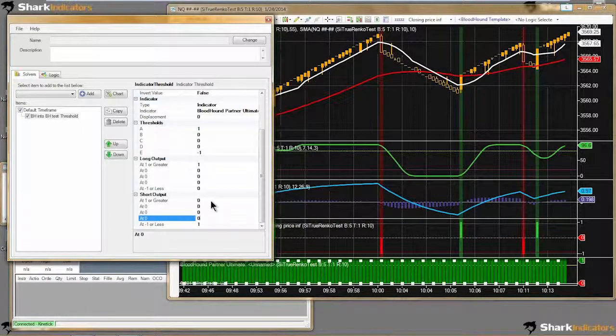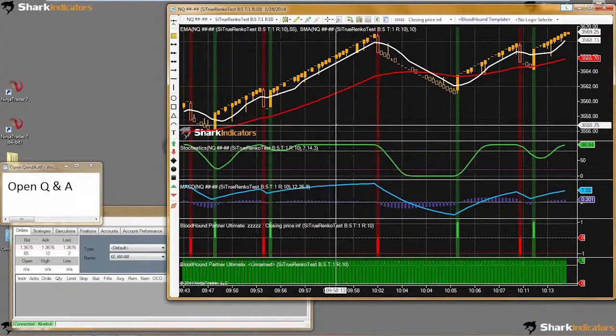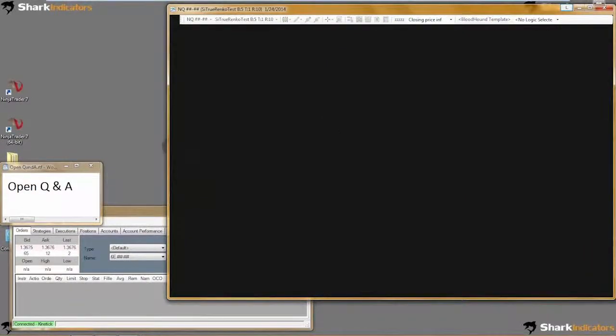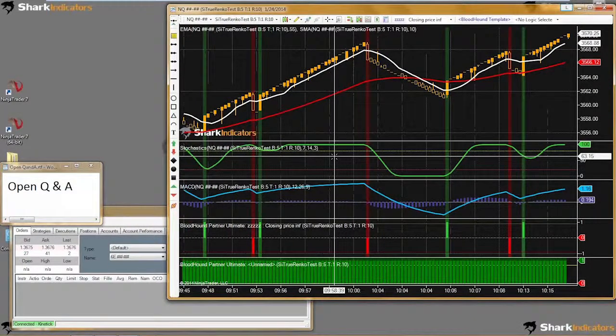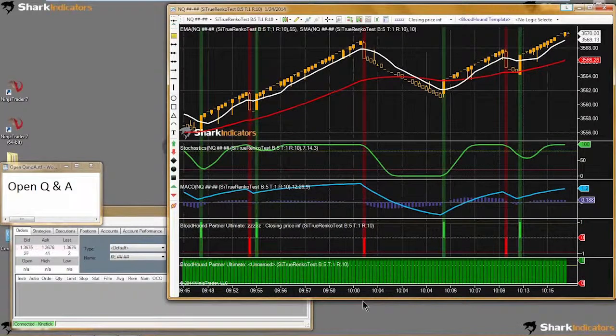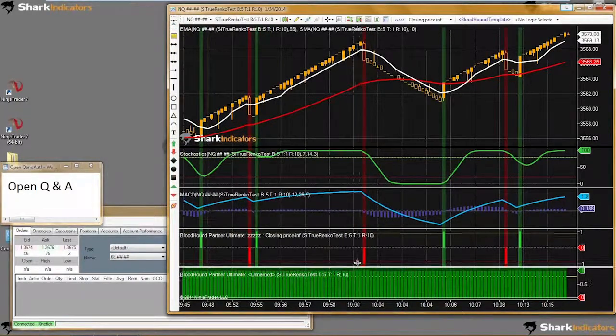And see what happens here. Alright, and we'll need to refresh the chart. We're having to refresh the chart in order for the BloodHound that's inside of BloodHound to load up that template file. And no, it does not seem to be working.